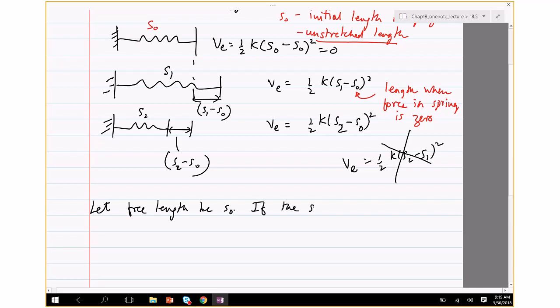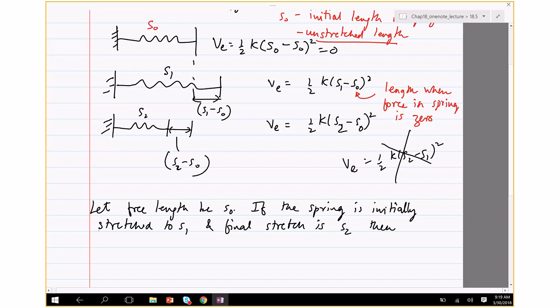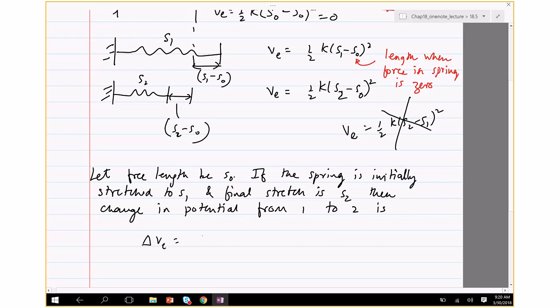If the spring is initially stretched to S1 and the final stretch is S2, then the change in potential from 1 to 2, so delta VE, is half k (S1 minus S0) squared minus half k (S2 minus S0) squared.